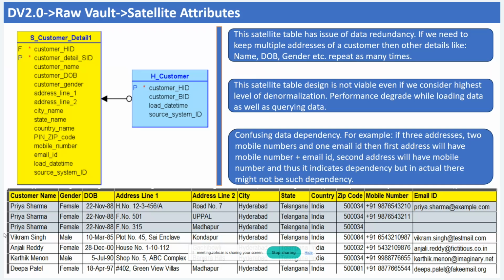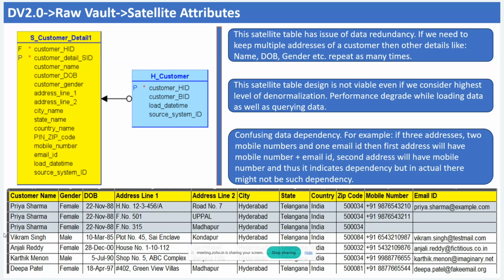For that purpose, the raw data vault is nowadays a core part of any organization's data analysis. That is why, when designing the raw vault, we design it so that data redundancy can be avoided, and unnecessary or confusing dependency, which can create problems for downstream applications, should not be there.